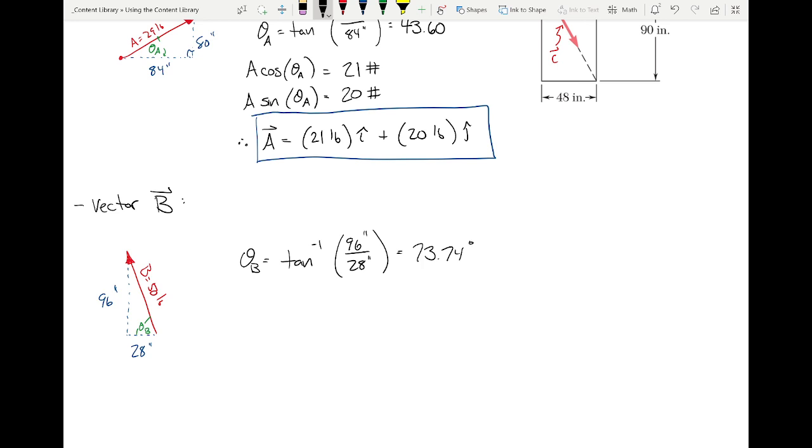Yep. All right. So therefore, B cosine theta B and B sine theta B. So B cosine theta B, what is that? 14. Is that seconded?